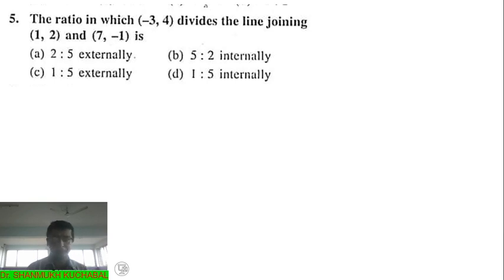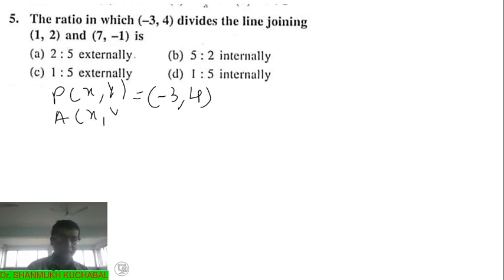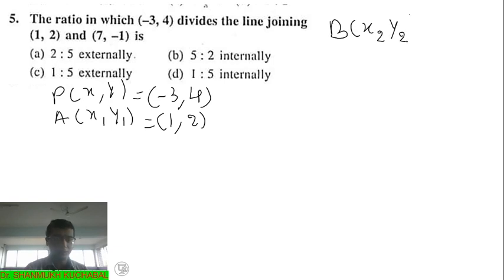Here we define the first point P (x, y) as (-3, 4), point A (x1, y1) as (1, 2), and point B (x2, y2) as (7, -1).